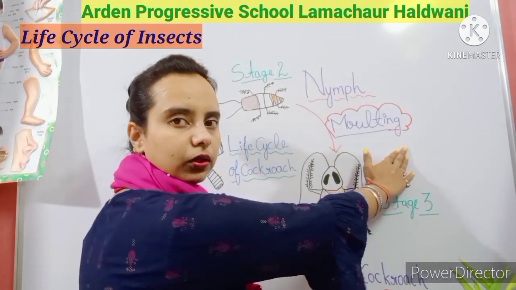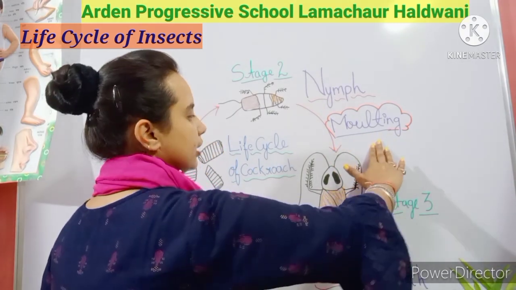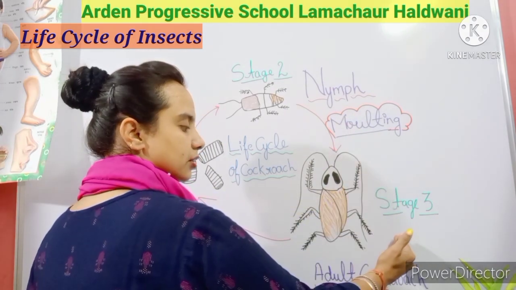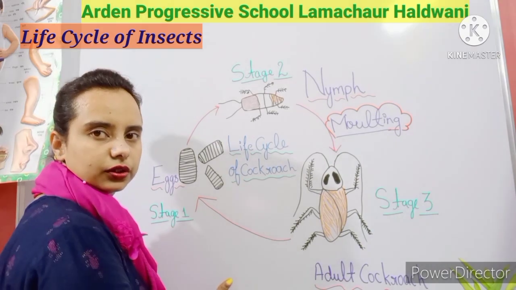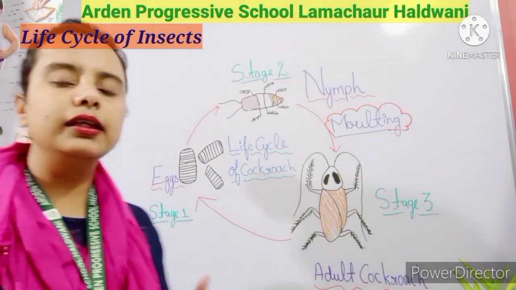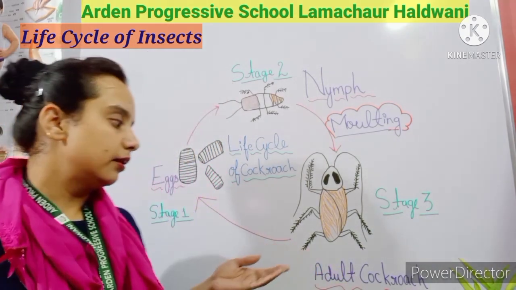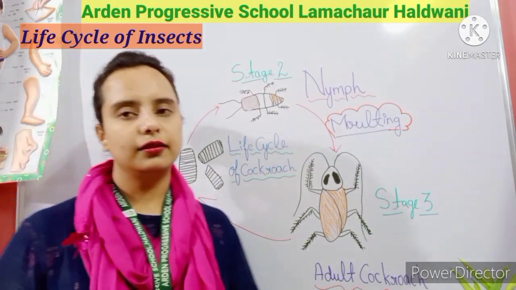After this stage, it comes to stage 3, which is an adult cockroach. Dear students, to understand it in a better way, look at this clip.